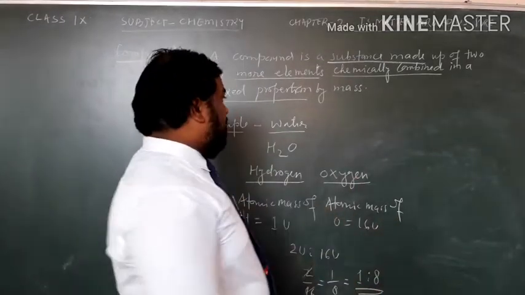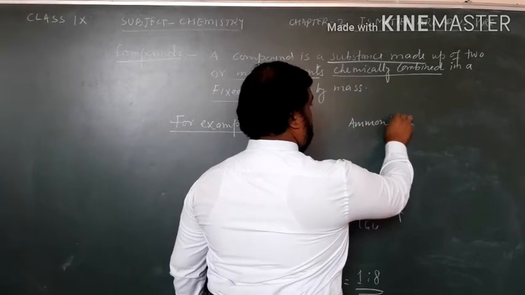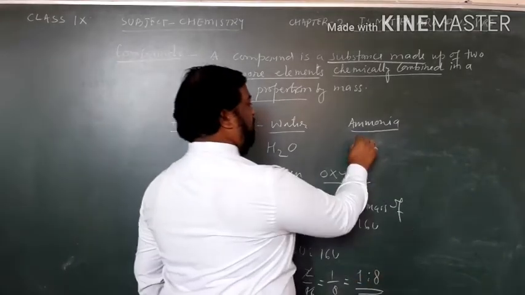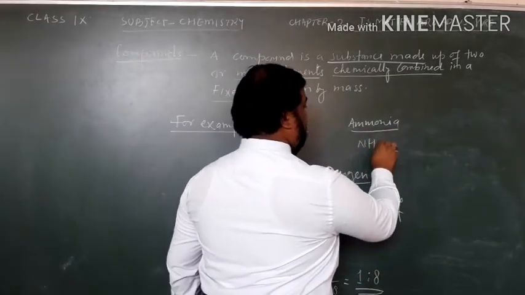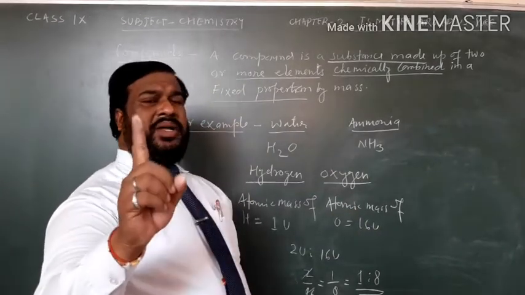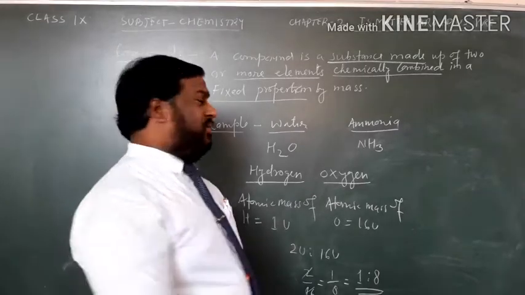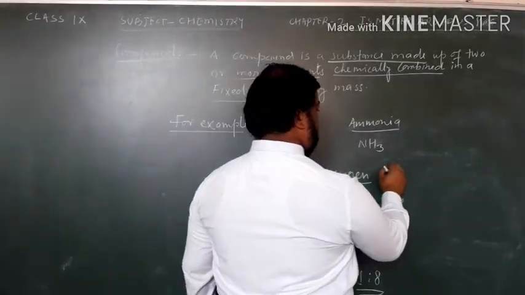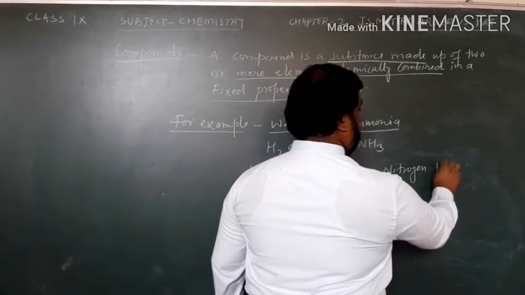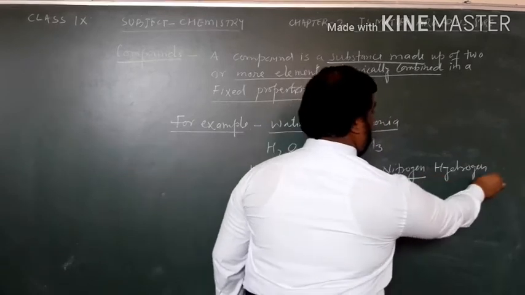Another example, ammonia. Its formula is NH3. In this ammonia, 1 atom of nitrogen and 3 atoms of hydrogen are present.